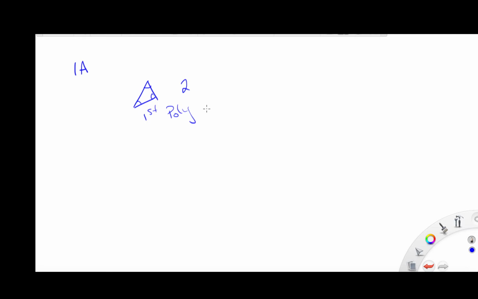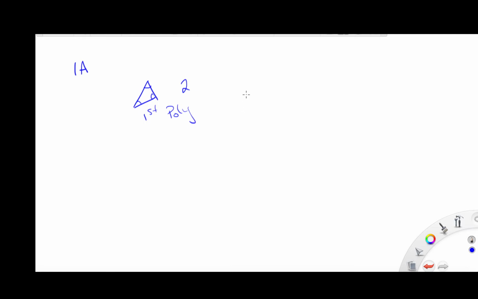And you'll notice on that page 21, there's the triangle with 3 sides, quadrilateral with 4, pentagon with 5, hexagon 6, octagon 8, and so on. And it demonstrates those examples.